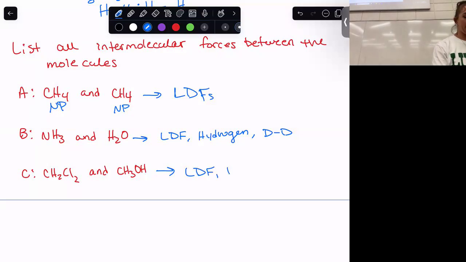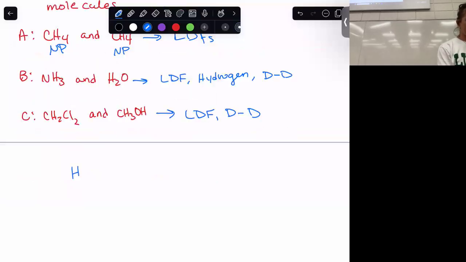We just have dipole-dipole. It's because of the definition of the hydrogen bond. You need to have this HOH situation or HNH, and then this also has to be paired to another oxygen or another hydrogen.